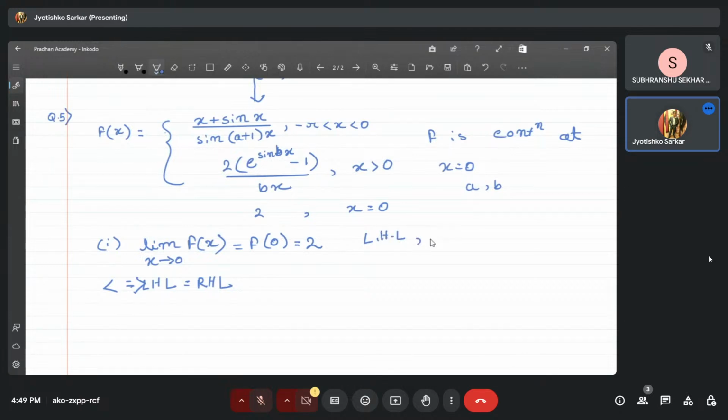For the left hand limit, we always put this minus sign after the limiting point. What is our f(x)? See, as it is the left hand limit, the points are tending to 0 from the left hand side. It means the negative ones. So we will take this value of f(x).